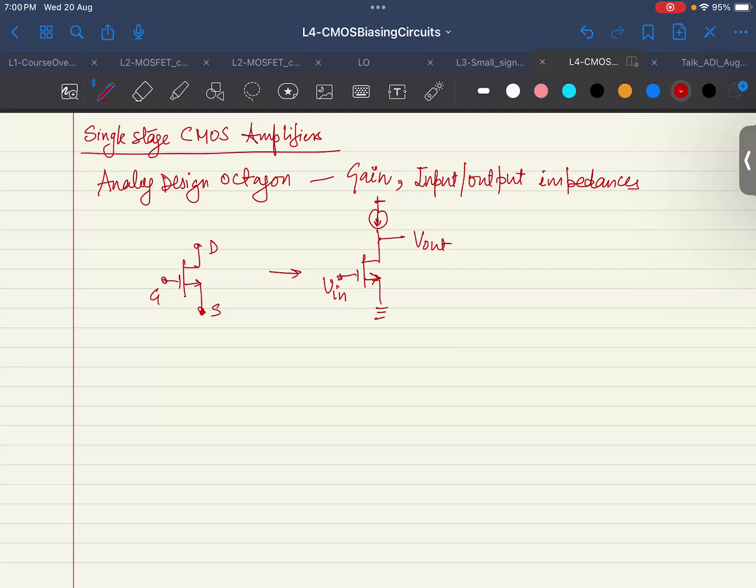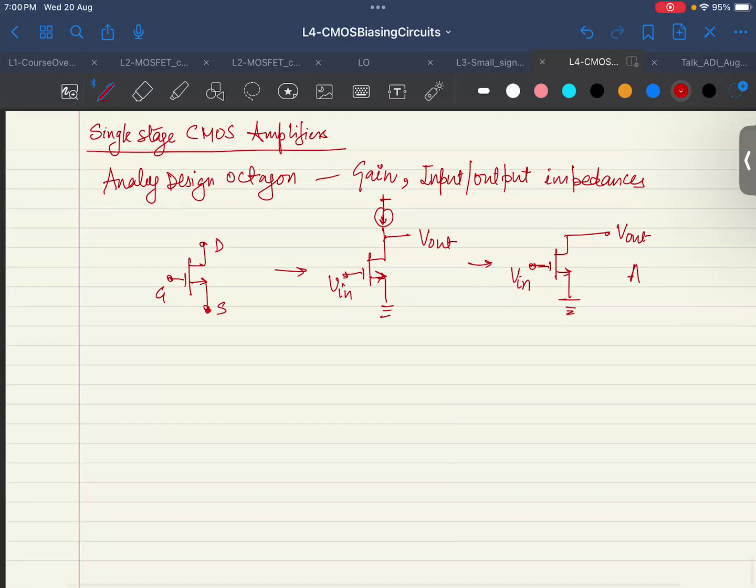For now, just to keep things simple, we can assume that there's no effect of load, so we can assume an open circuited transistor for calculating the gain and the input output impedance. What we are interested in is AV, which is your small signal gain.